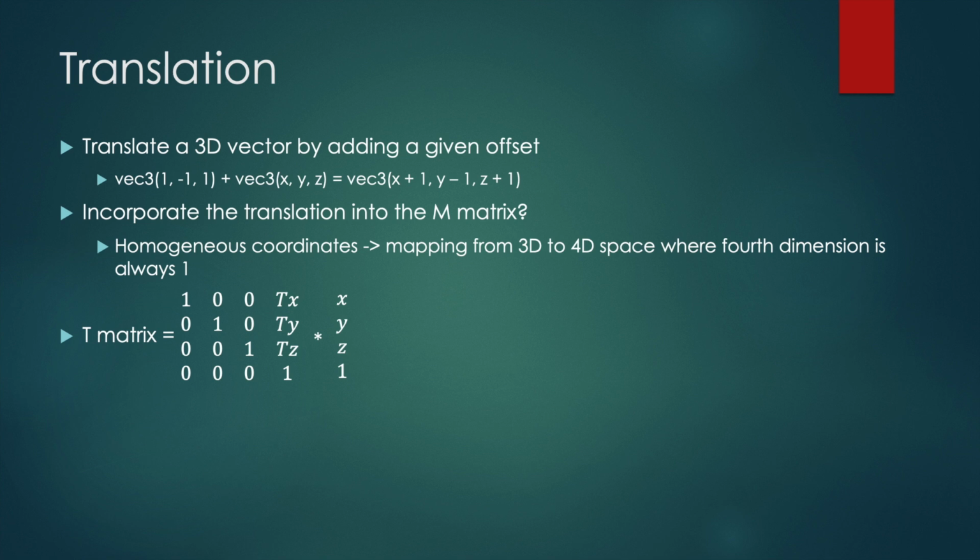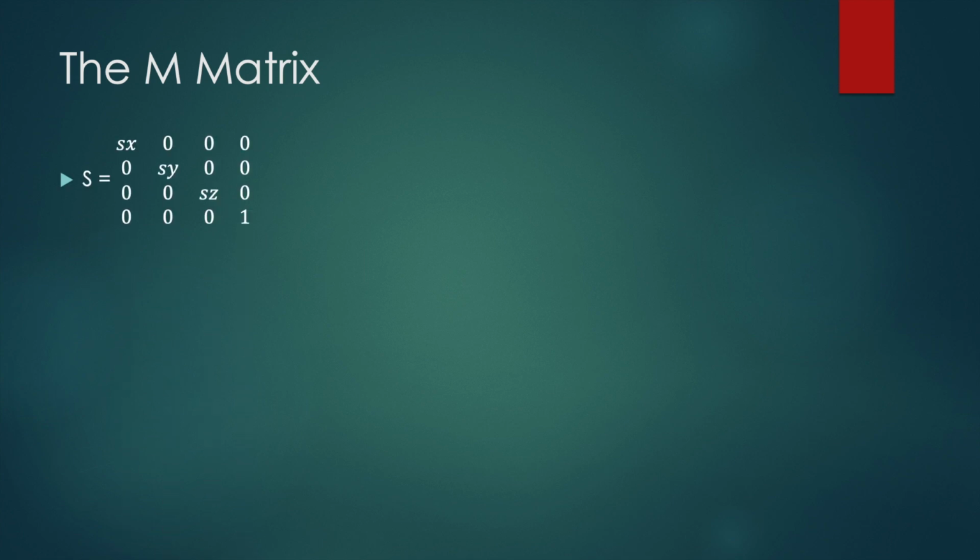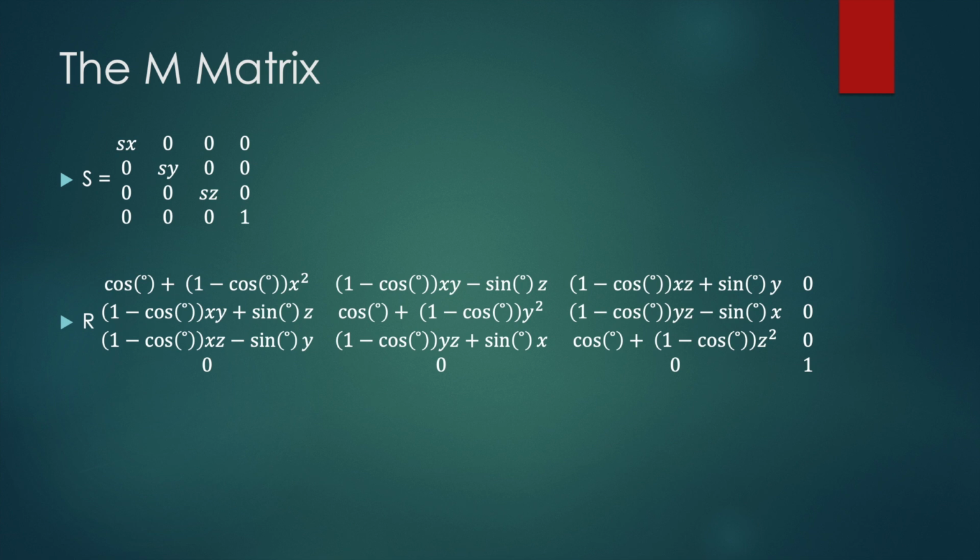So here is what the T matrix will look like. And so finally we build the M matrix. I'm showing the scaling and rotation matrices in the homogeneous coordinate space to show how our M matrix can be computed as the multiplication of T, R, and S, and a single 4D matrix can be applied to a buffer of object vertices on the GPU to transform a static 3D shape into the coordinate system of the virtual 3D world you intend to render.